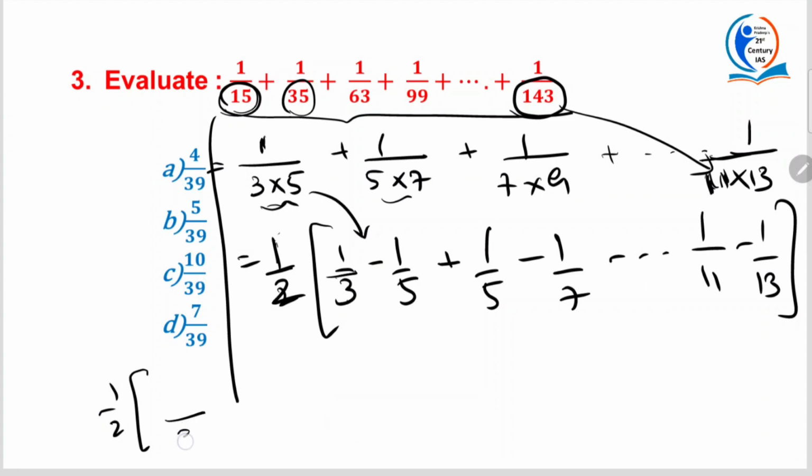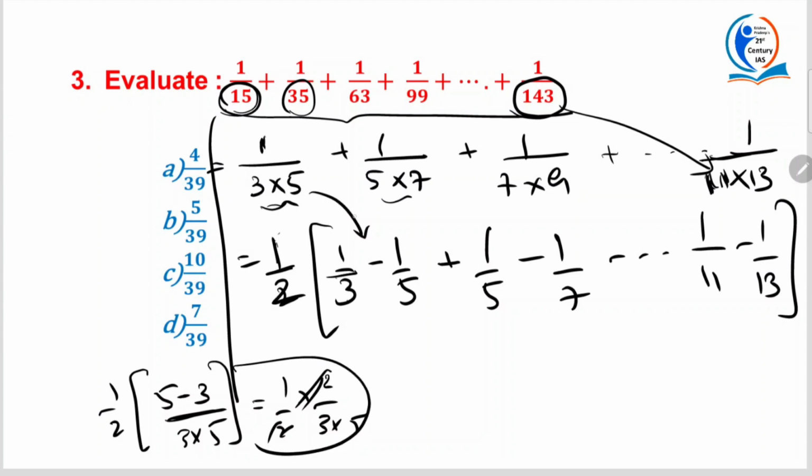How much is that? It is 3 into 5 in the denominator, and the numerator will be 5 minus 3. So this is 1 by 2 into 2 by 3 into 5. So it will remain the same, no? It is 1 by 3 into 5. It is the same, so this one can be written like this.